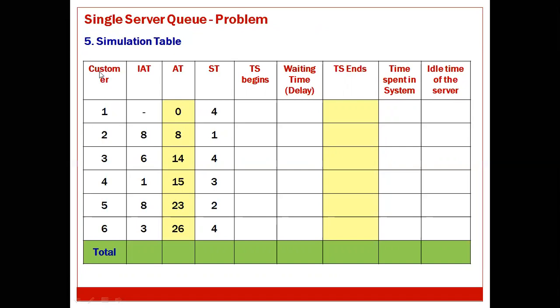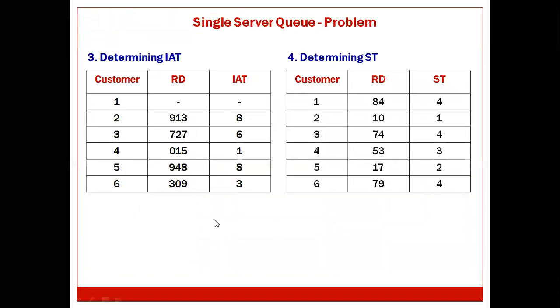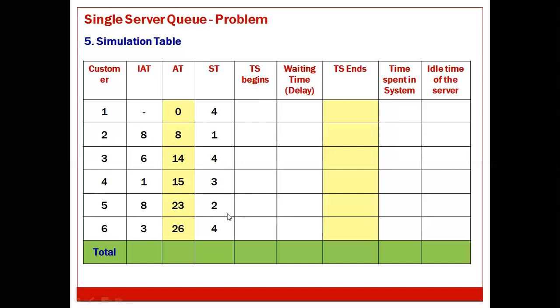Whenever you start with this table, you first write down how many customers we have, that is 6 customers. Then from the previous tables, IAT and ST, both of which we determined from tables 3 and 4, you write down first.